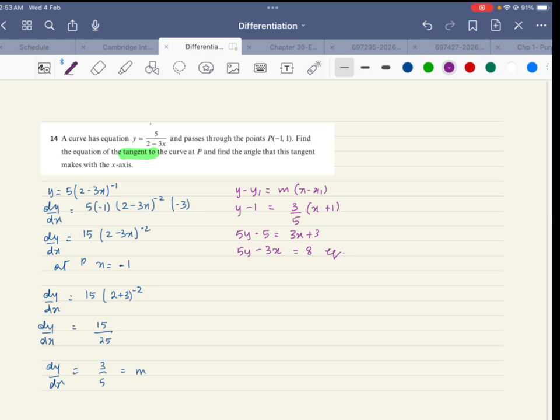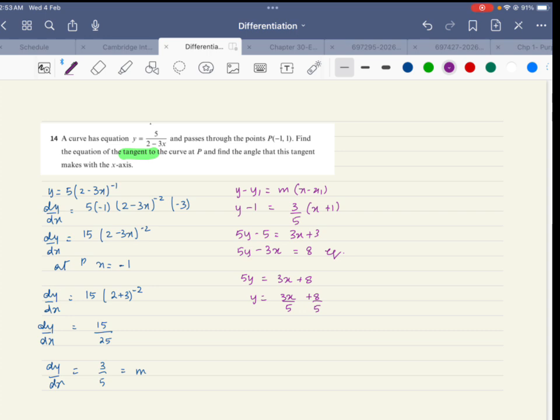Now it says find the angle that this line makes with the x-axis. We can see that this line has a positive gradient because we can write it like this: 5y equals 3x plus 8, y equals 3x upon 5 plus 8 upon 5.